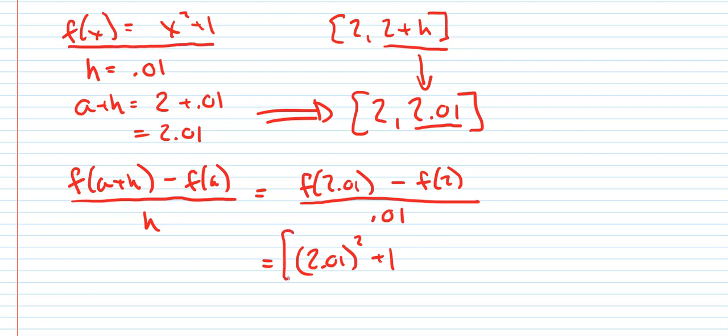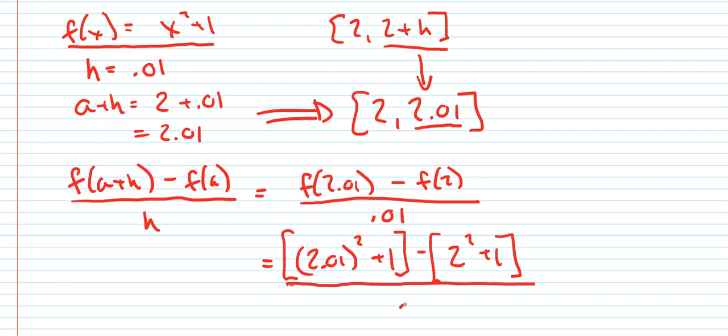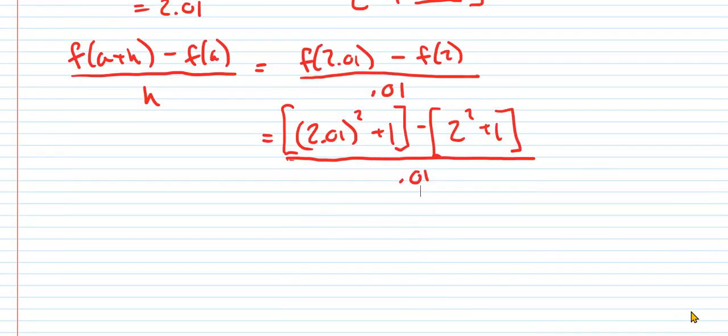Minus, I'm going to evaluate this function at 2, so we have 2 squared plus 1, and all of that divided by 0.01. Well, you can go to Desmos and calculate what this value is, and it ends up being 5.0401 minus 5 divided by 0.01.